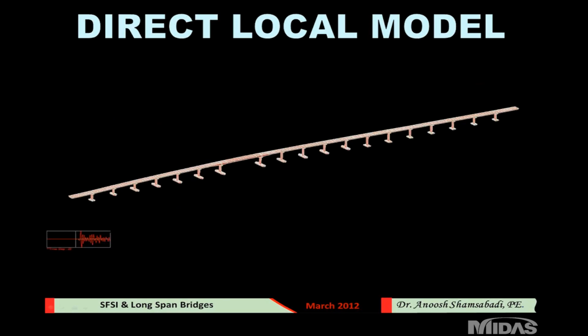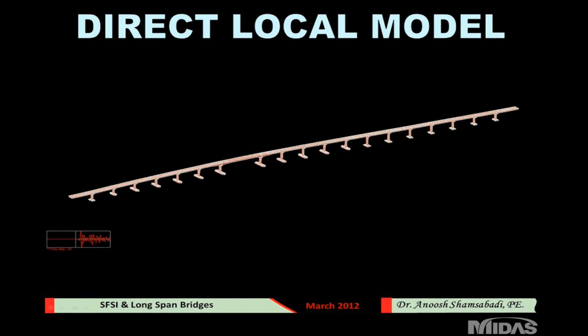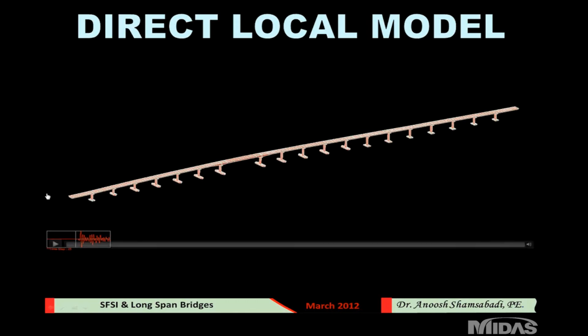Now, I developed this model yesterday. Since I had the model of the superstructure, I decided to also develop a substructure model. With the substructure model, I put my 6x6 stiffness matrix, damping matrix, and a mass matrix at every location here, and shook the model to see what we're getting.